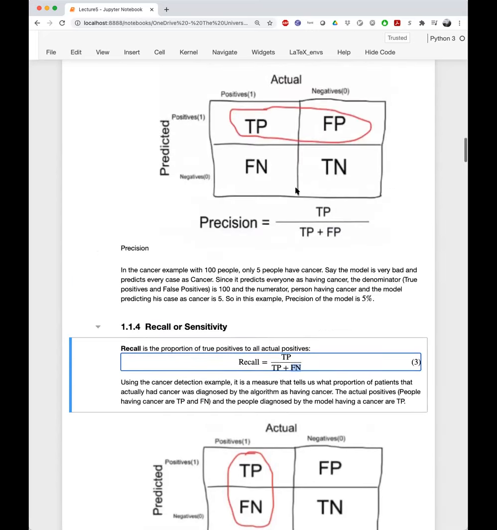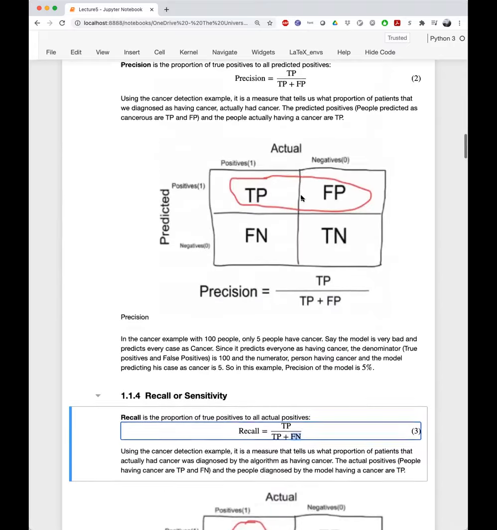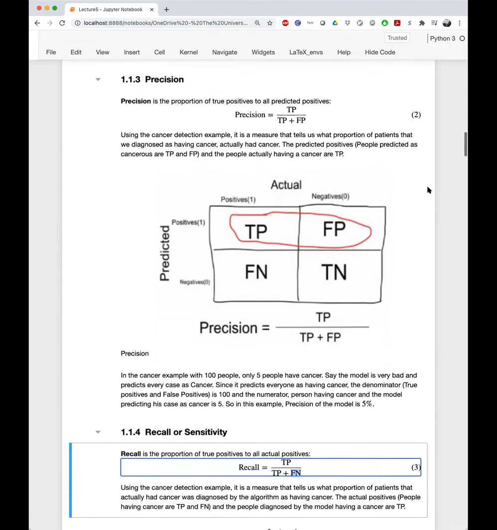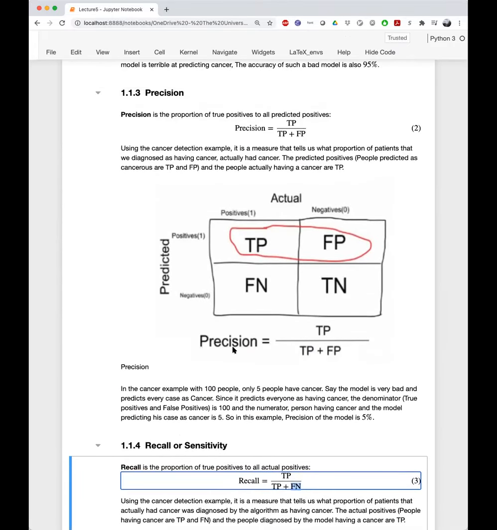You can see a clear contrast between precision and recall. Precision is about looking at those predicted positive cases: how many of the predicted positive cases are actually positive? That's precision.